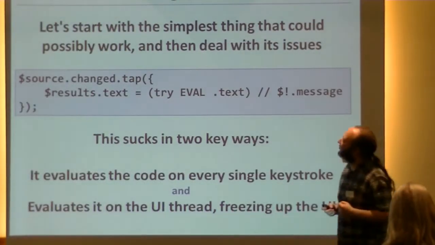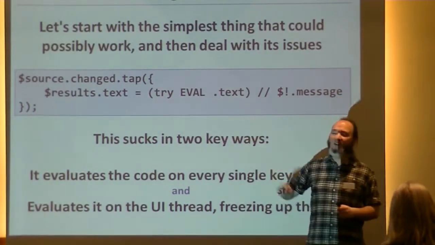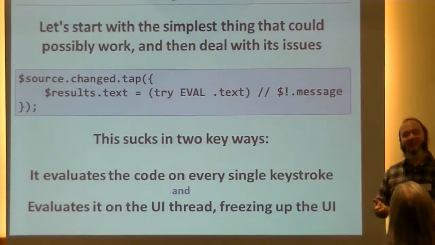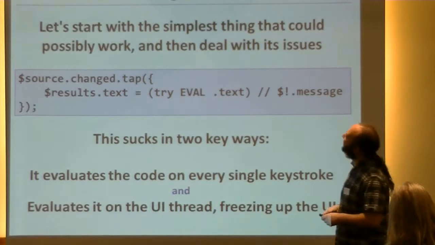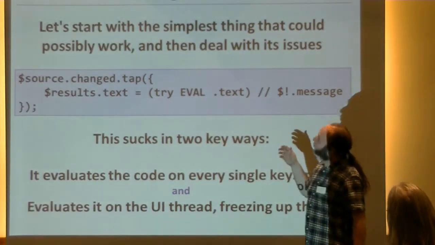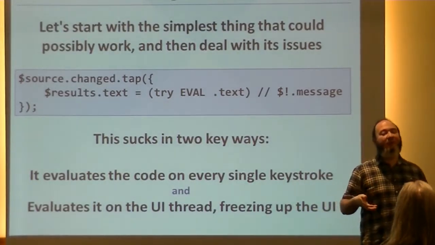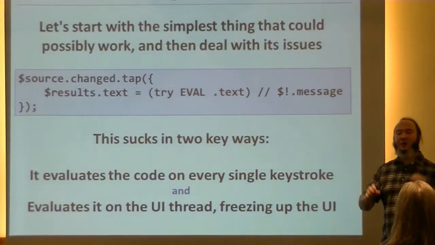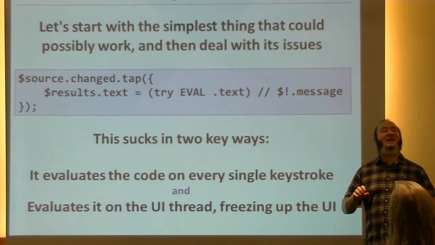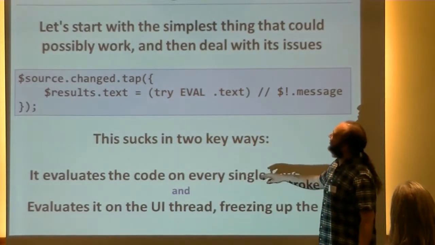What about running the code? The bad way to do it is just to run it synchronously on the user interface thread. That would suck because if it takes like a second to run, we're going to block up the whole UI and the user won't be able to type or edit anything. So this is not a good way to do it.